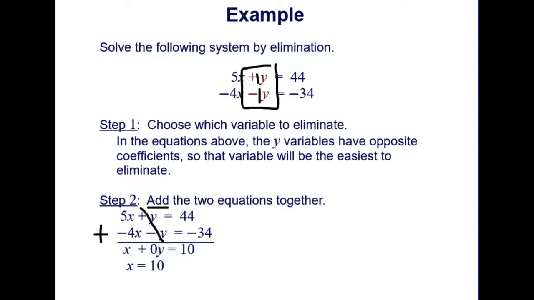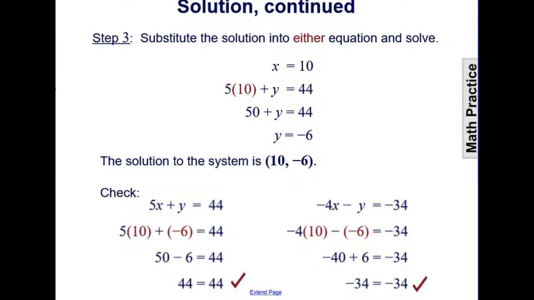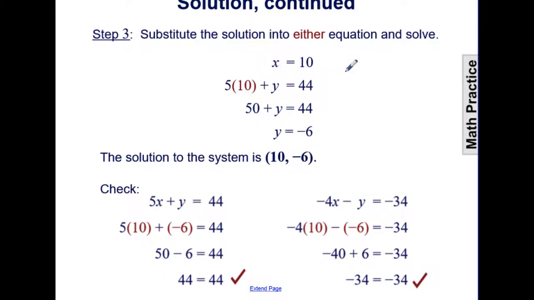Elimination, in one step, you've solved for one of your variables. We can then take that value of 10, and now it's very similar to substitution. We substitute it into either equation. We're choosing 5x plus y equals 44 and putting 10 in for x, and solving for y. If we simplify, we get y equals negative 6.